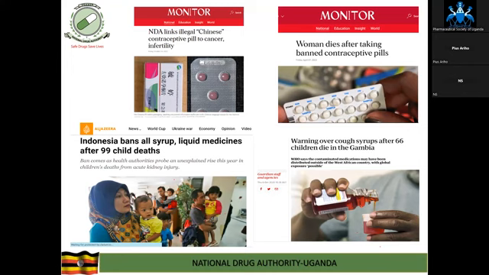Then you can see Indonesia bans all syrup, liquid medicines after experiencing deaths of 99 children. So unfortunately, many of these outcomes come after very serious implications like death.